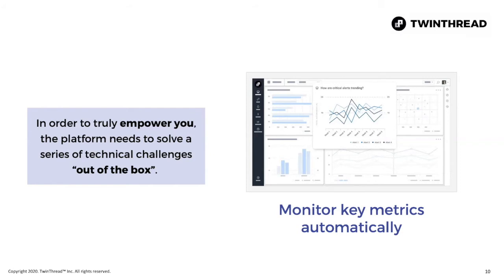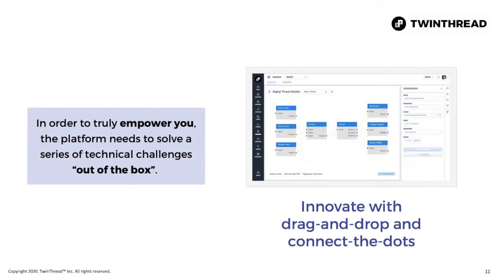And really the only way that you could do something at that scale is by leveraging key metrics and algorithms that are monitoring those automatically. And just to forward alerts to the right people at the right time to solve problems and to address opportunities is a key feature that really needs to be available out of the box.